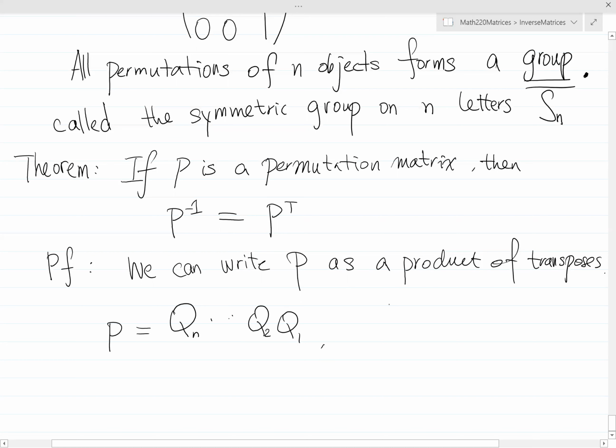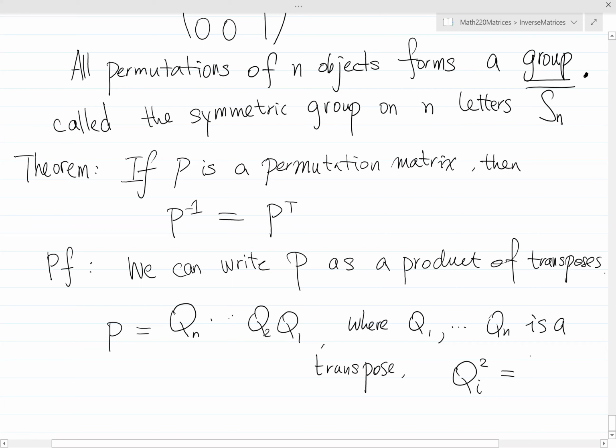Now each of Q1, Q2, etc., Qn is an order 2 permutation, i.e. a transposition, i.e. Qi only switches 2 objects at one time. So of course Qi squared, okay?